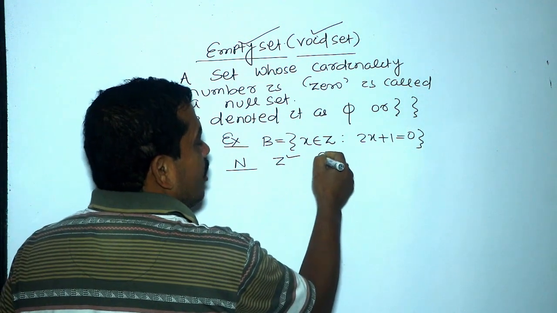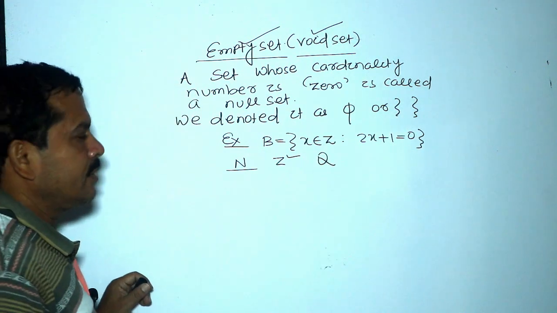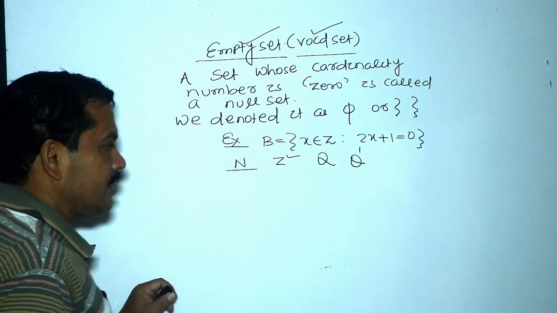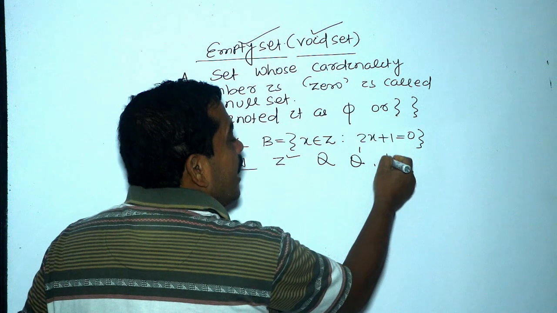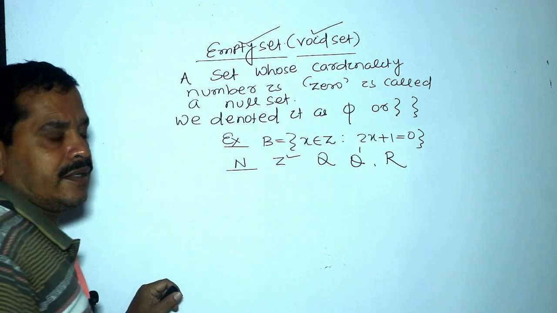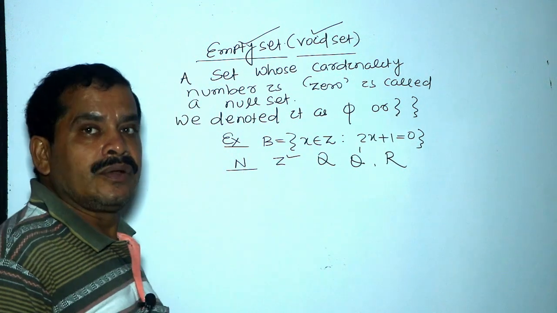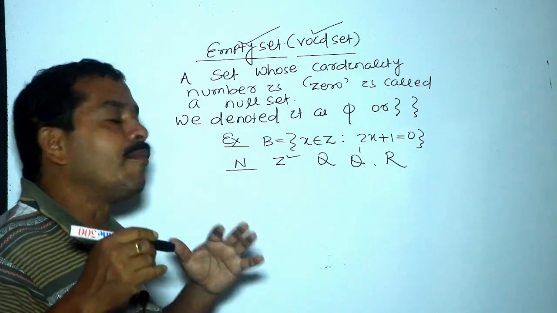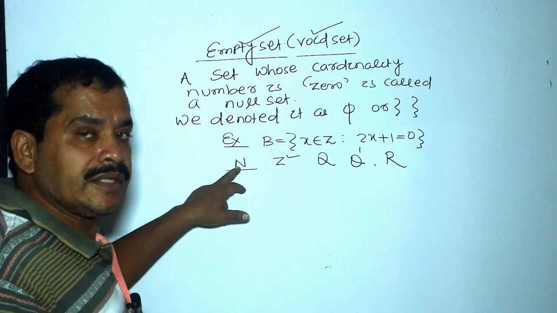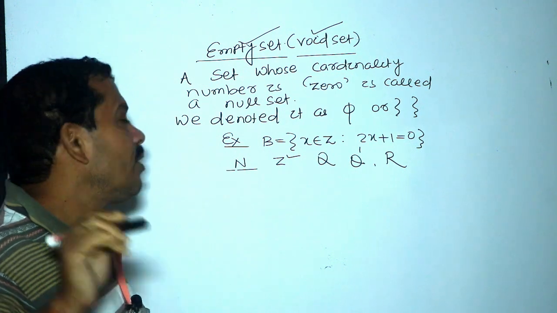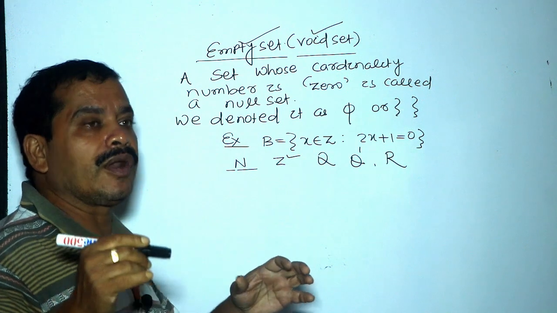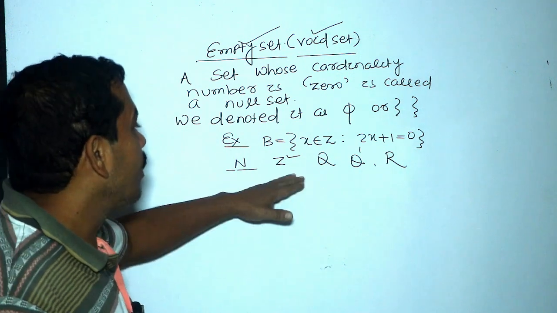Set of rational numbers as Q set. Set of irrational numbers as Q prime set. And set of real numbers as R set. In mathematics, we use these letters for our number systems. N set means the set of natural numbers. Z set means the set of whole numbers, either positive or negative.